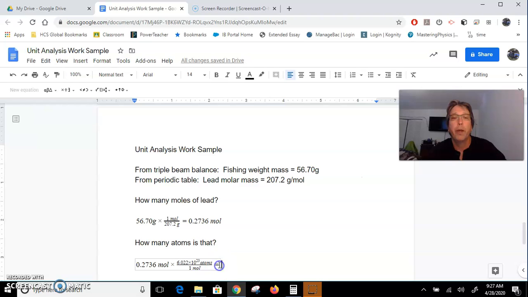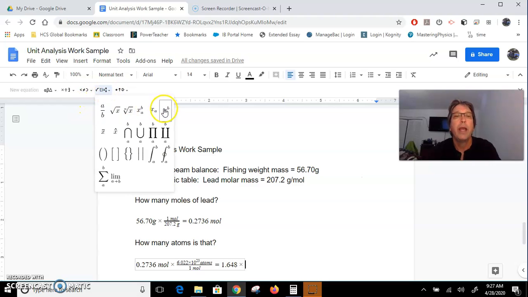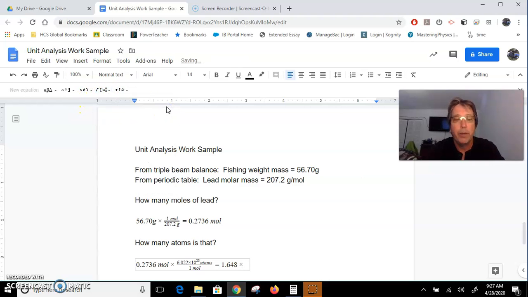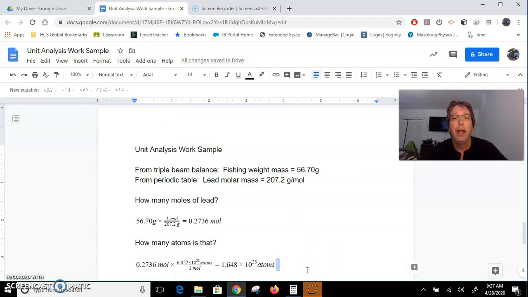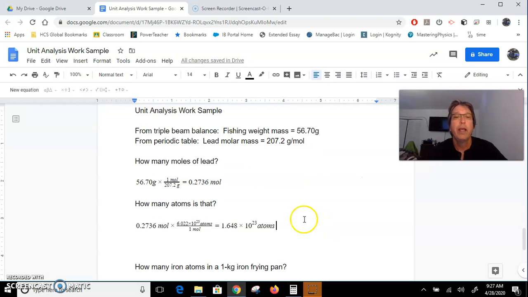We'll put our cursor back here where it's supposed to be, and we go 1.648, and then we'll go times, and then I won't use the exponent function, and type 10, hit my tab button, 23rd, hit my tab to get back out of it, and I can type my units, which are atoms. Remember, no units, no credit. But that shows you how to use the equation editor in order to type these conversion factors.